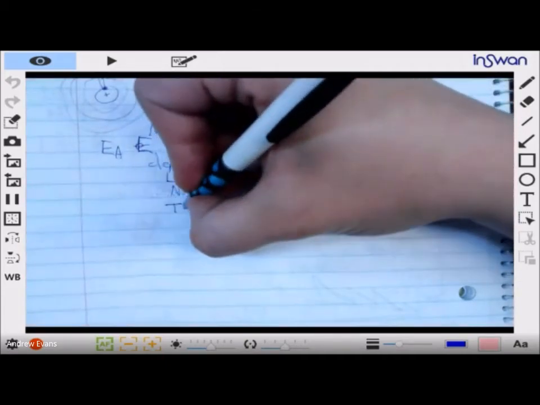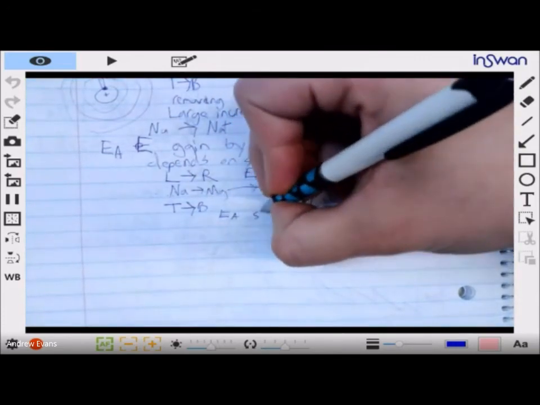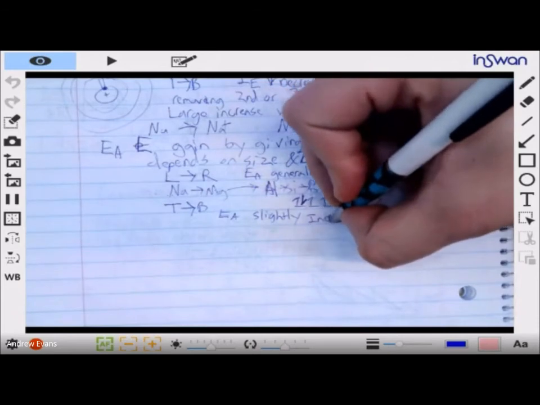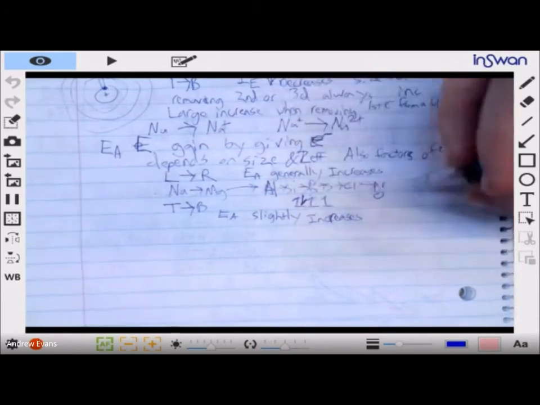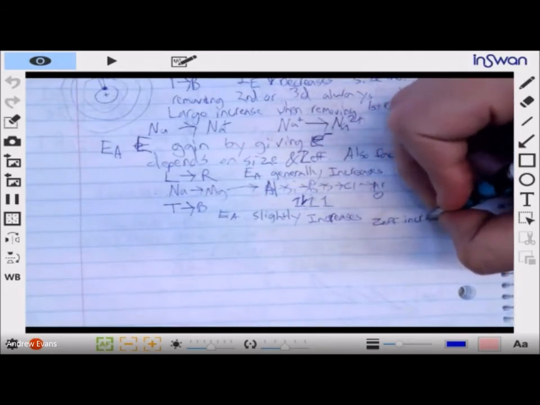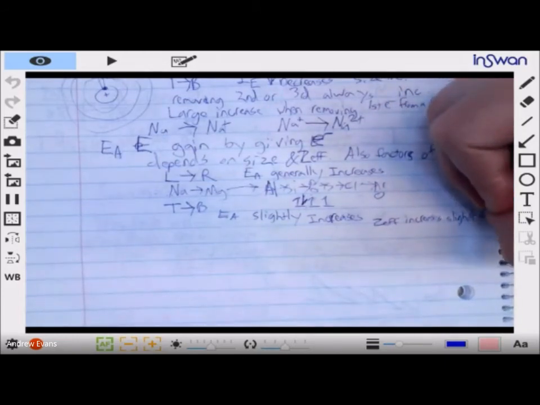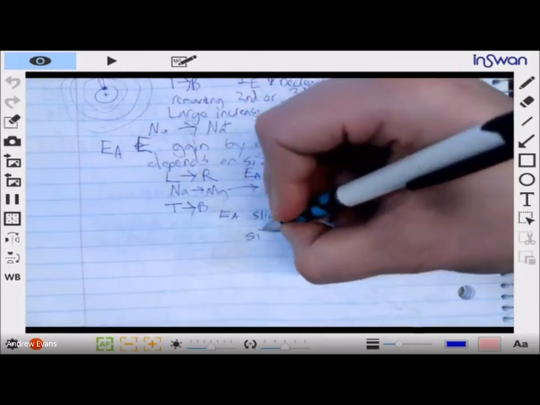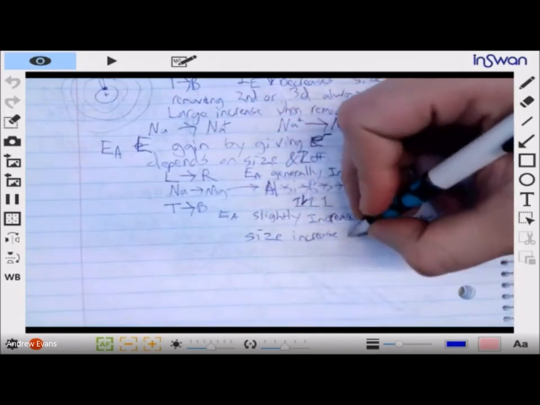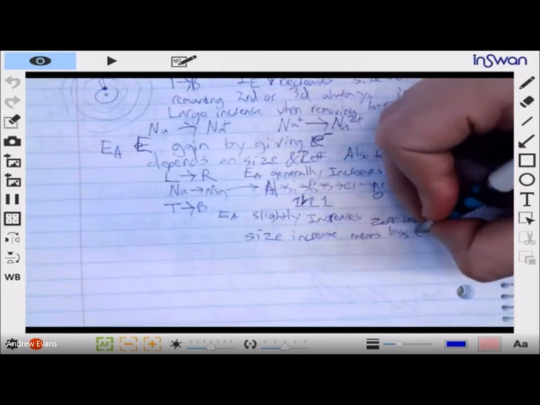Top to bottom, we also see a bucking of the trend. Electron affinity slightly increases. And this has to do with the fact that even though Z effective increases slightly, size increases. But the size increase means less electron repulsion.